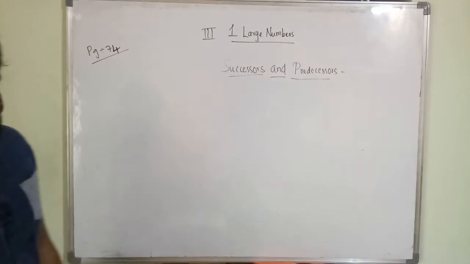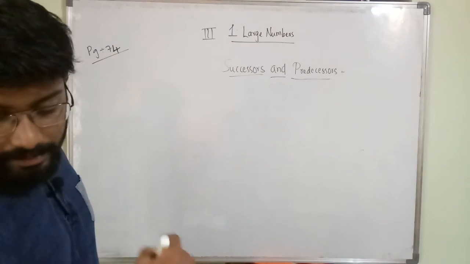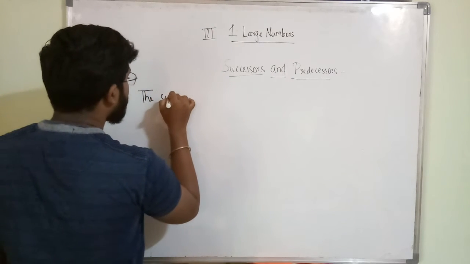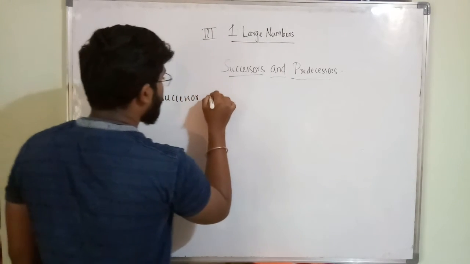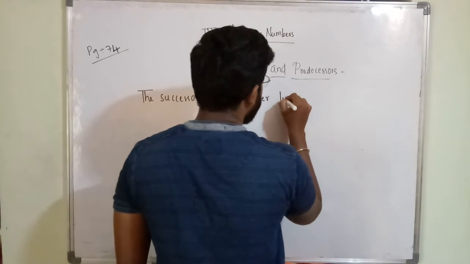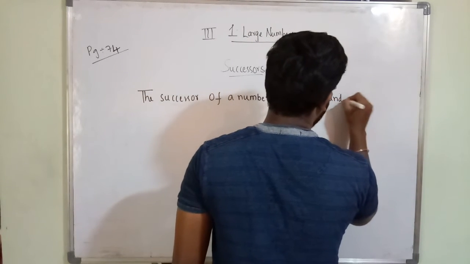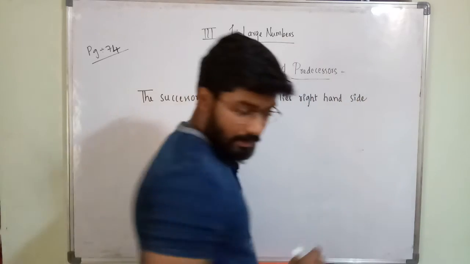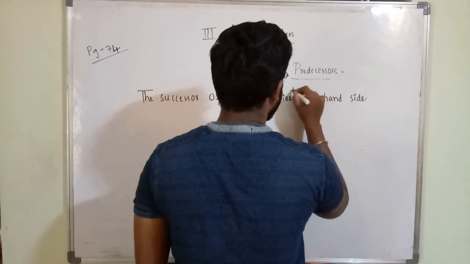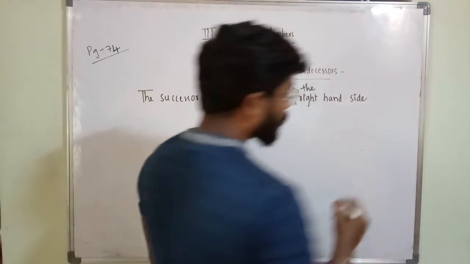He is telling that the successor of a number lies to the right hand side of the number on the number line.